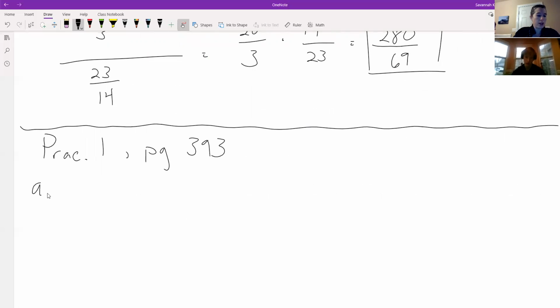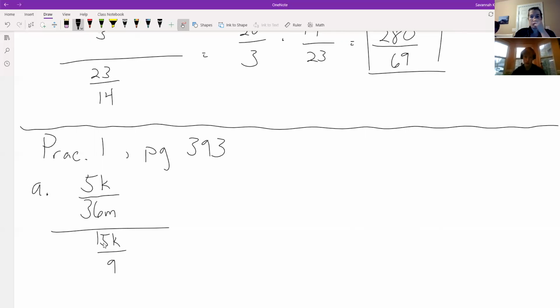So the first fraction that they give us very nicely ties into the first example that I made up, where you just have one fraction over another fraction.